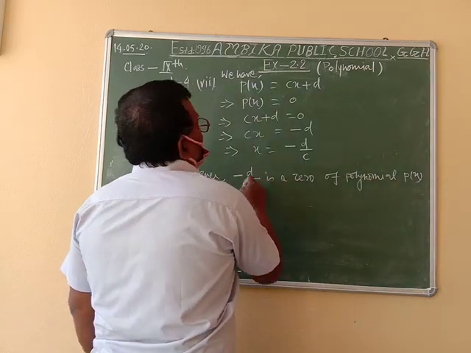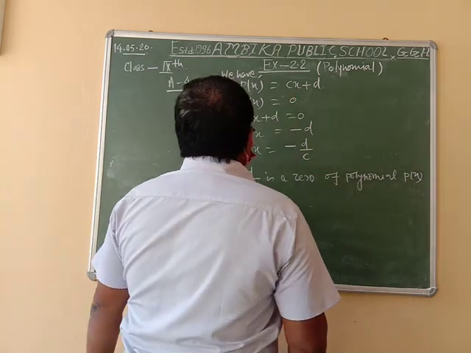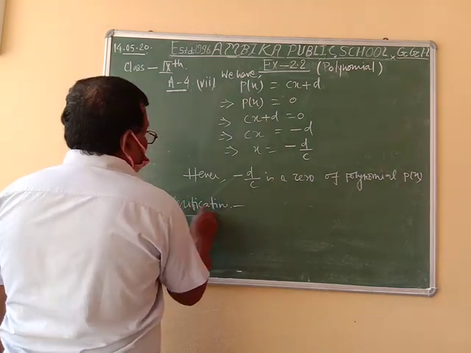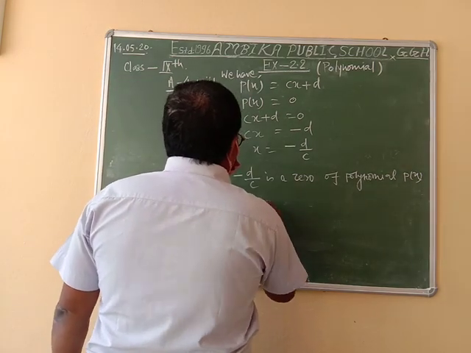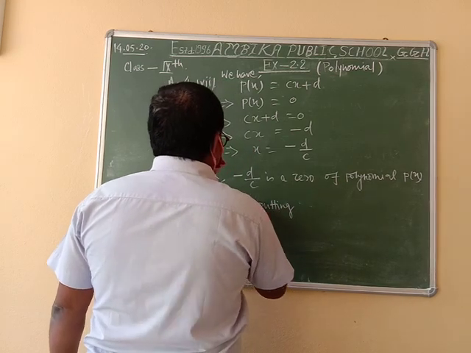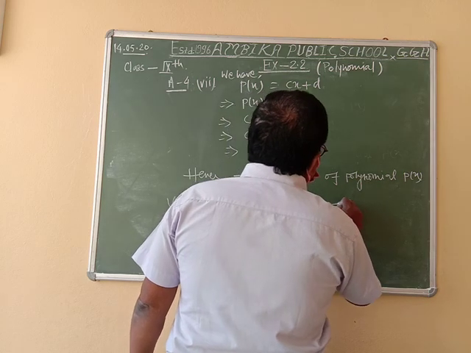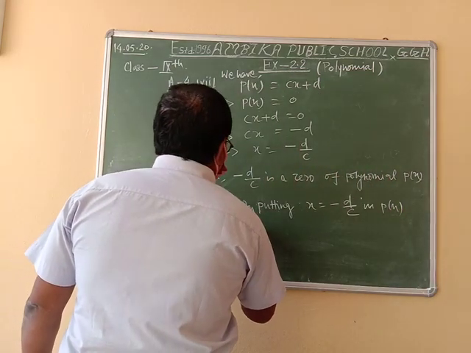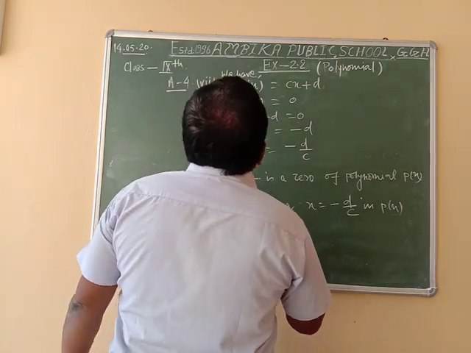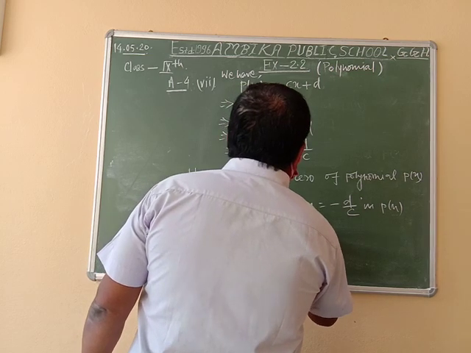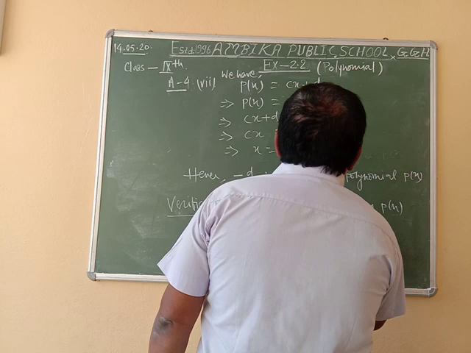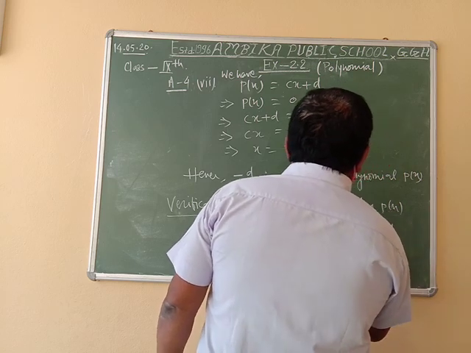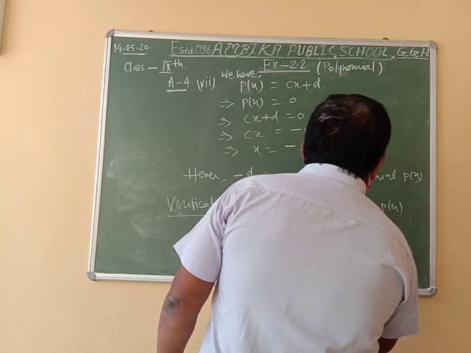Because if you put the value of x in p(x), verification, putting x is equal to minus d by c in p(x), we have p(x) is equal to c into minus d by c plus d is equal to minus d plus d is equal to 0.